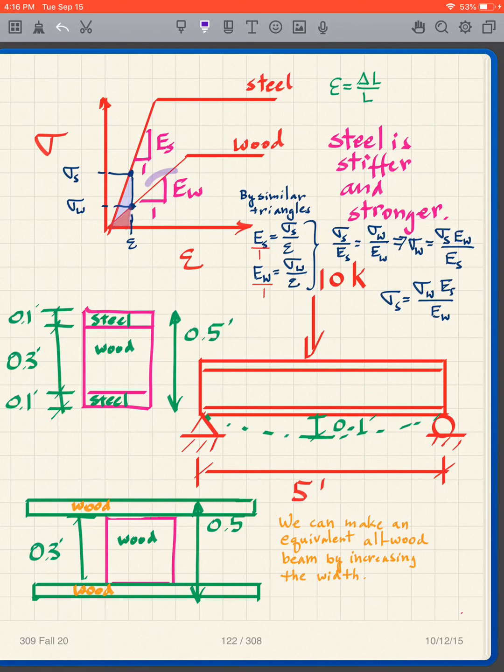So remember, these just represent slope, right? So we've got E wood over 1, E steel over 1, E meaning the Young's modulus. So we have E steel over 1 is equal to sigma steel over epsilon. I'm using this triangle here. And similarly, I have E wood over 1 is equal to sigma wood over epsilon.